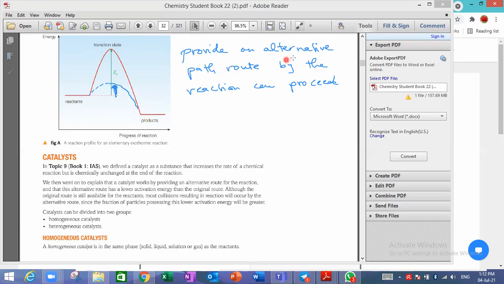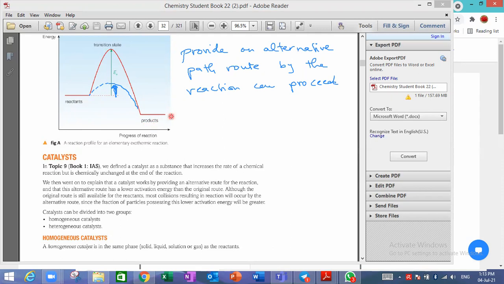And this alternative route must have lower activation energy. Instead of climbing all this mountain, it has to climb only this small mountain in order to form the products. So this is the main function of the catalyst. A catalyst speeds up the reaction, or increases the rate of the reaction, by providing an alternative route to the reaction mixture in order to form the products in a minimum amount of time.